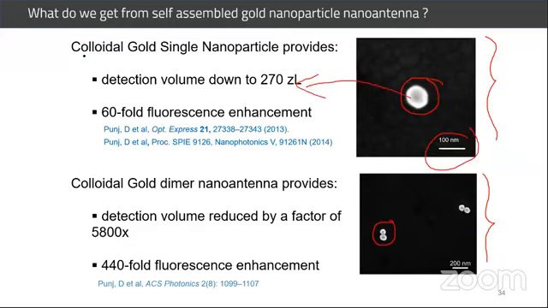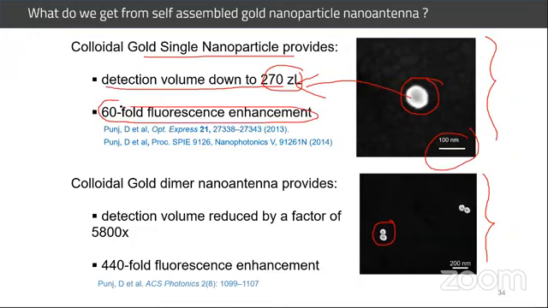So what happens if you use a single gold nanoparticle? The detection volume is reduced, let's say 1,000 times, and it can also enhance the fluorescence signal 60-fold because of the confinement of the hotspot on the surface of the nanoparticle.